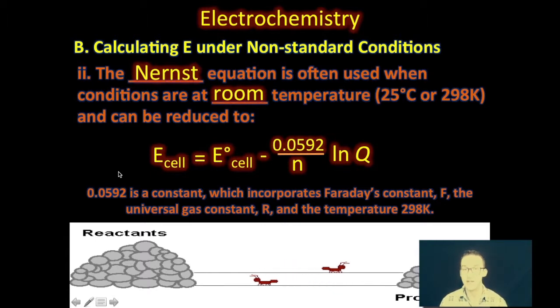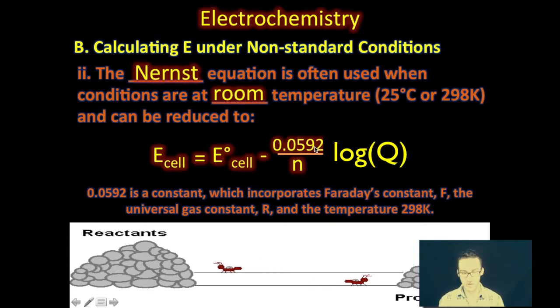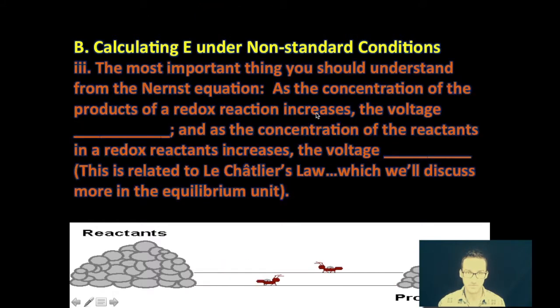It's rewritten and simplified for when we're working at room temperature. They've combined the gas constant, the temperature at 298 K, and Faraday's constant to give you 0.0592 over the number of moles times the log of Q, which I think is a little easier and definitely something worthwhile to commit to your memory.